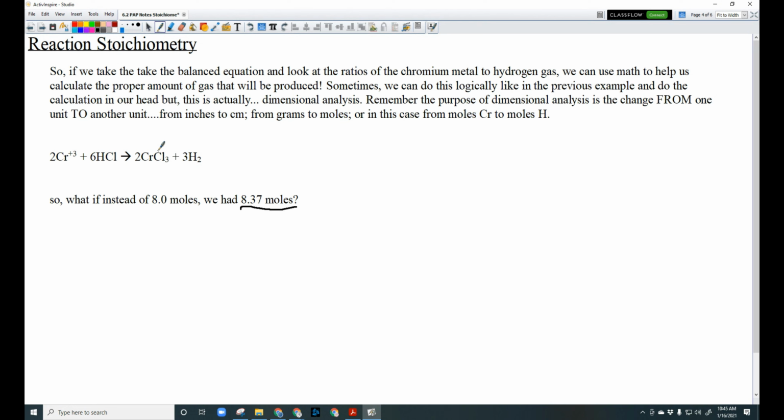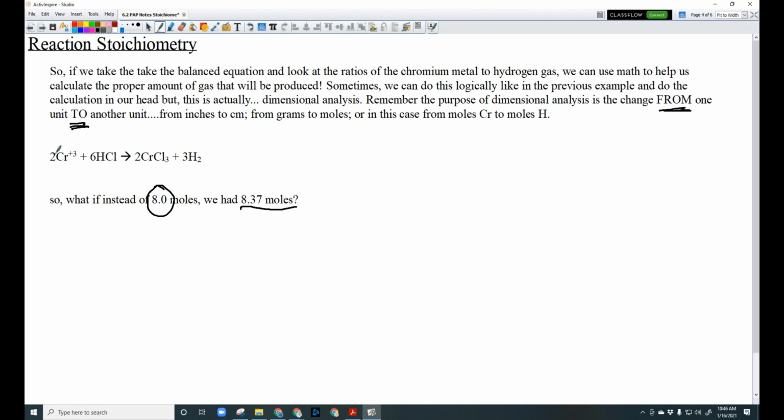So this really is the same thing. Remember, the purpose of dimensional analysis is to change from one unit to another unit. In this previous question, we're changing from moles of chromium to moles of hydrogen. But it was easy because we used whole numbers.